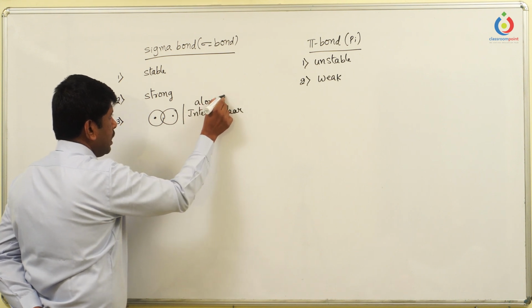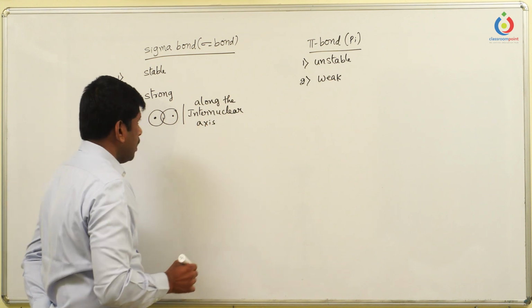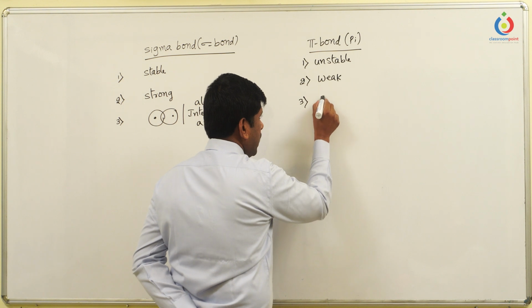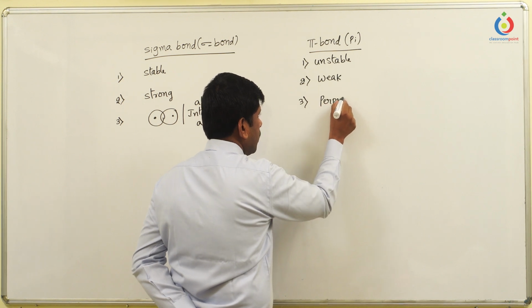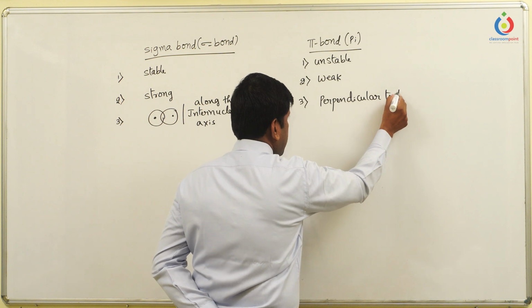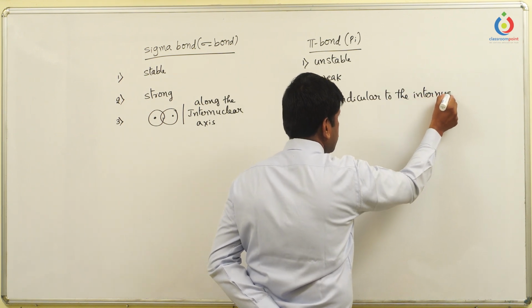Overlapping took place along the internuclear axis, and in this case, overlapping took place perpendicular to the internuclear axis.